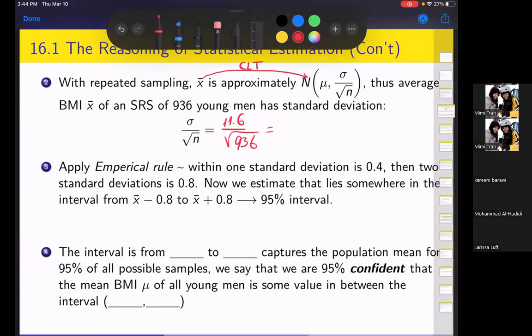I don't think it's 0.4, but 11.6 divided by the square root of 936. I don't have my calculator with me. Do this. 0.379.